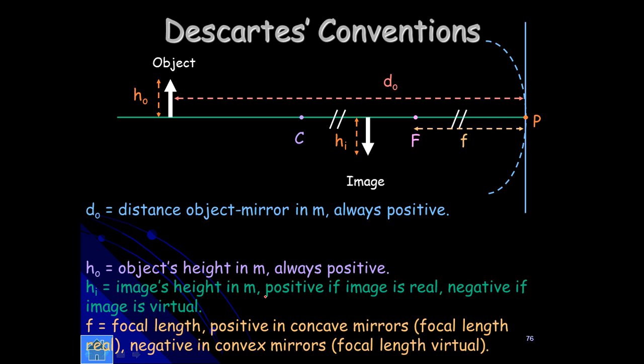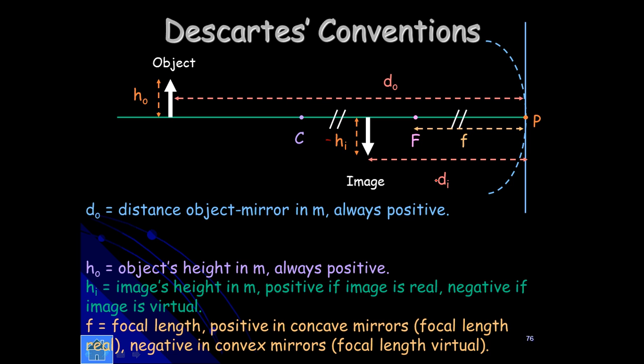So we use a convention. It's positive if it's real, negative if it's virtual. So this would be a negative value. If something appeared down here, this would also be a negative value. We need the distance from the mirror to the image.